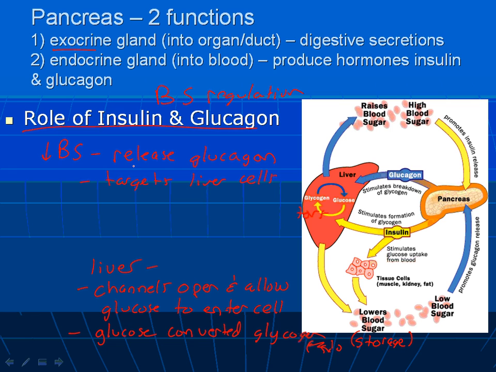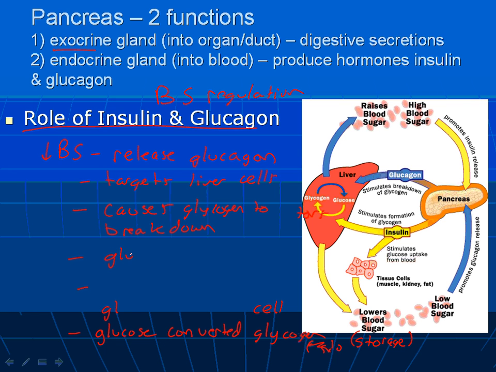through the bloodstream. What happens when it binds with the liver cells is it causes the glycogen to break down, and that glycogen, when it breaks down, as we know, it breaks down into glucose, and the glucose is released back into the blood, where now you have your blood sugar that's higher.